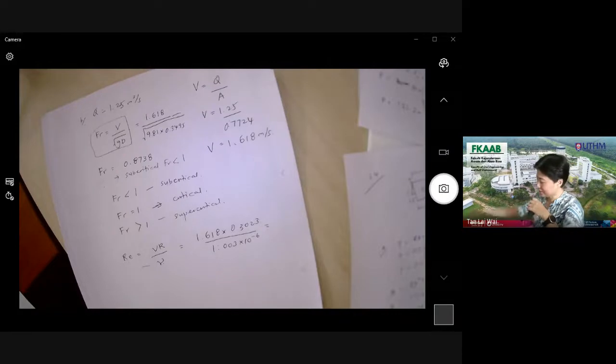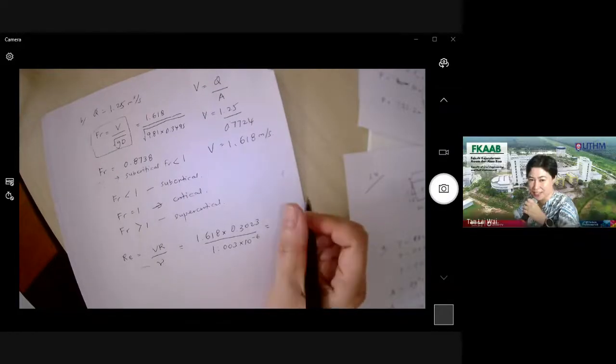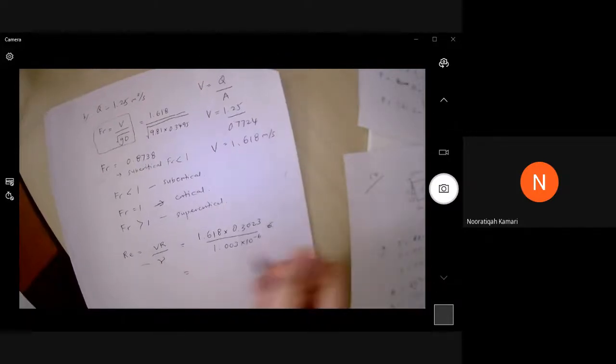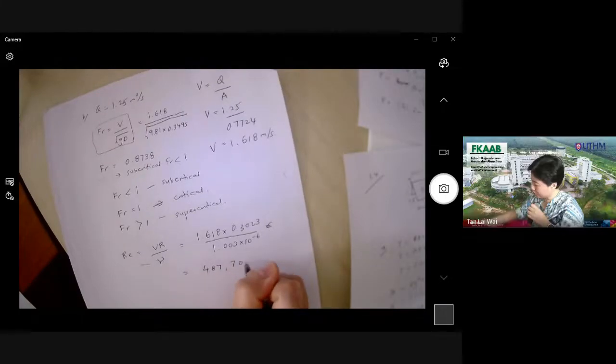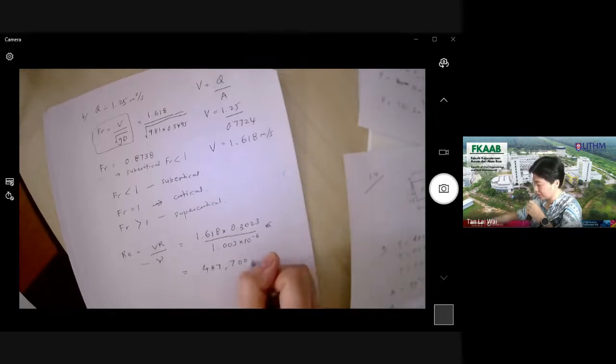Yang lain? Jawapan dia? Ya, Atika. 487,700. Okay. Lebih kurang lah, saya dapat 487,658.4. Kalau dapat detail bagus lah. You bulatkan ke?